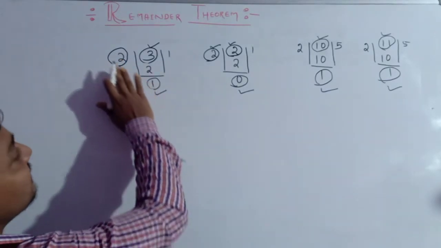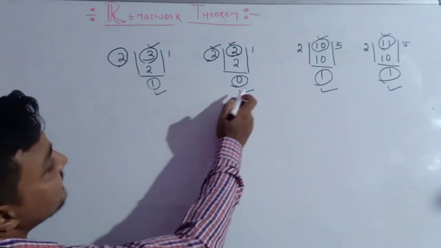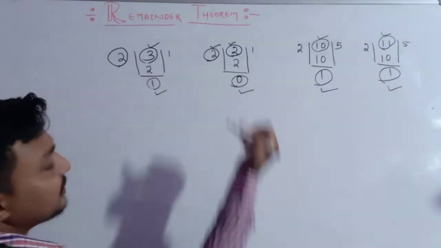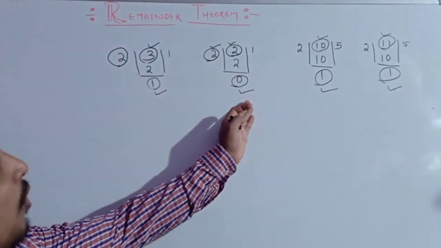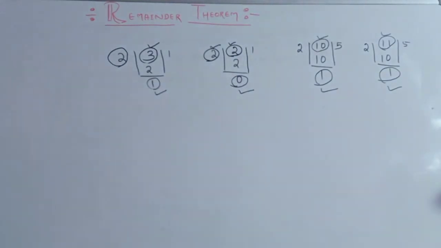Here also the remainder is less than the divisor, and here too. Remember, the dividend is either equal to the divisor or more than the divisor, but the remainder is always less than the divisor. In some cases it may be 0. Either it may be 0, otherwise it will always be less than the divisor.